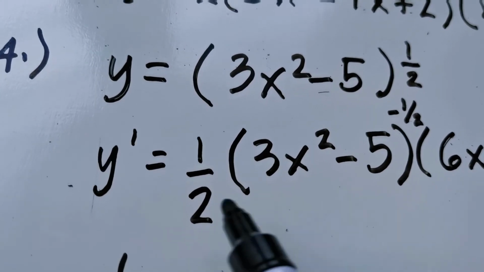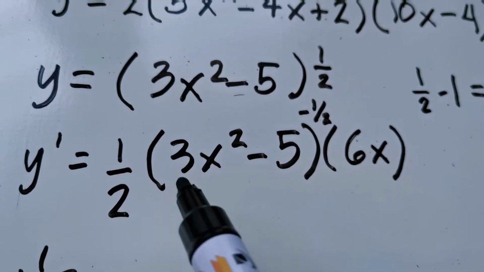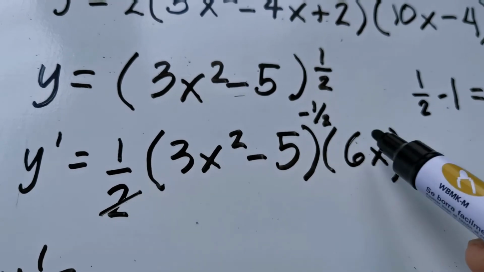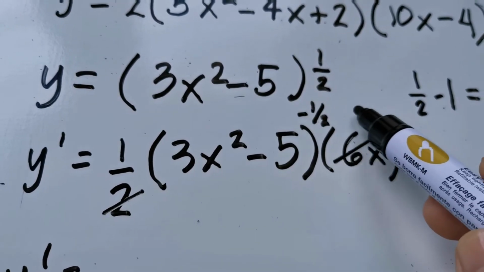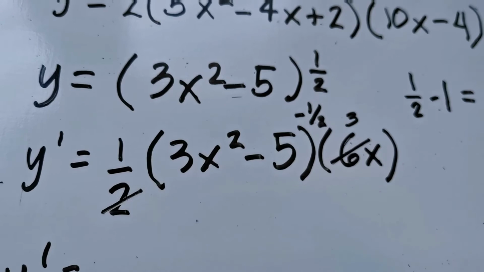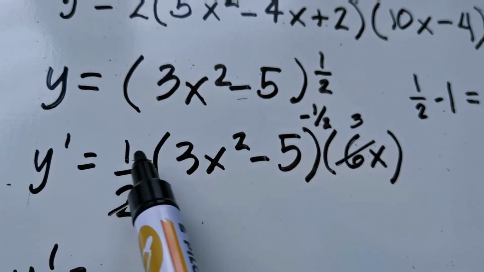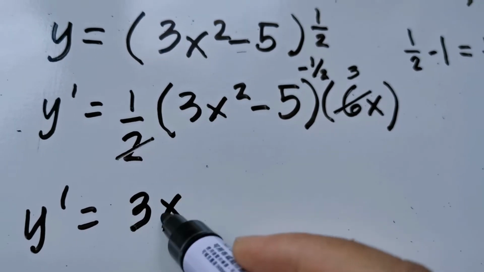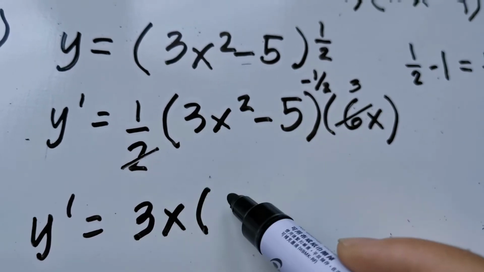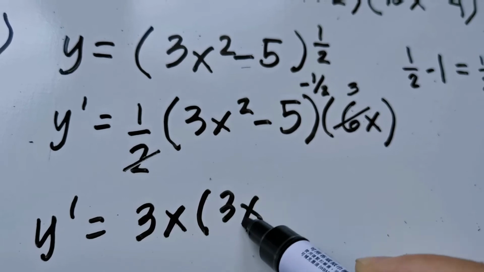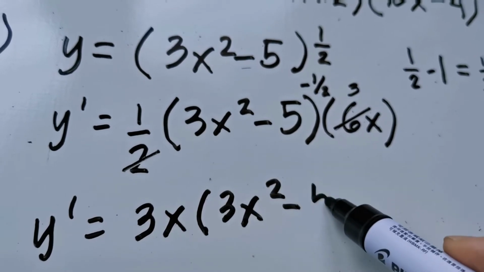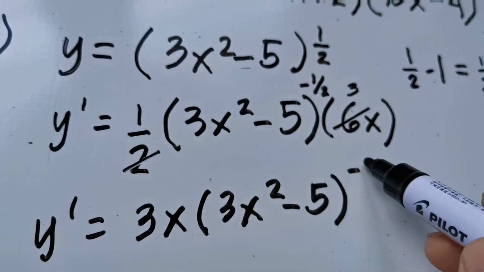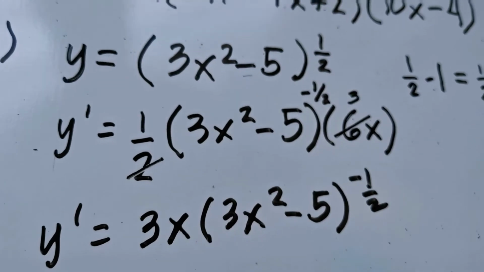Then we can simplify this further. We can cancel 2, and 6 here becomes 3. Then multiply, we have 1 times 3x, we have 3x, then times 3x squared minus 5 raised to negative 1/2.